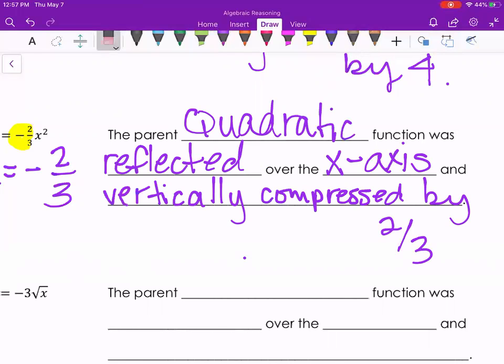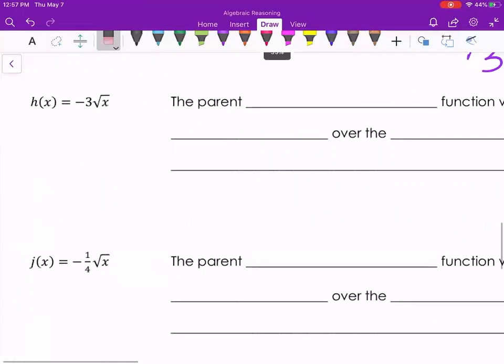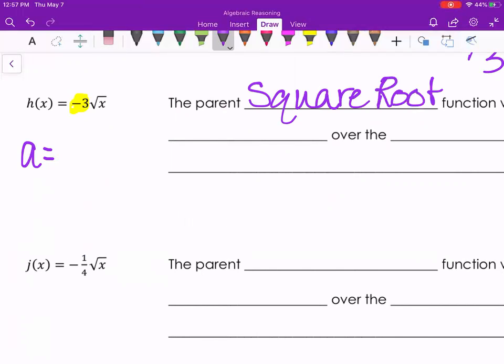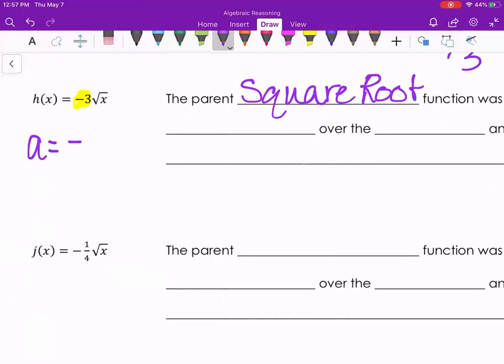All right, let's do the last two. h of x is -3 square root of x. So everything we need is in the words. I have -3, so let's get your A. The parent square root was, again, A is negative, so reflected over the x-axis.